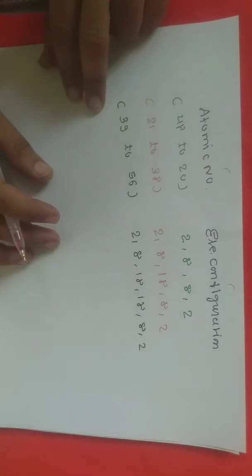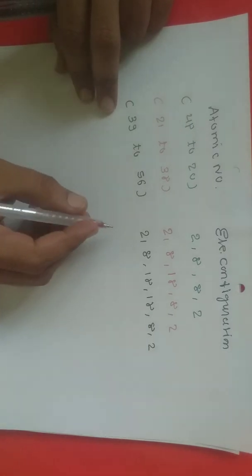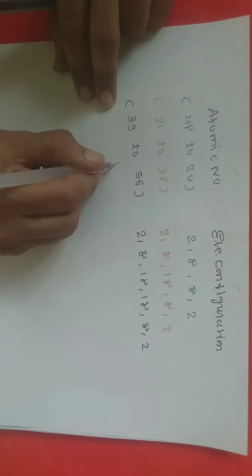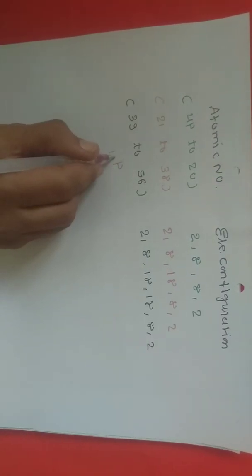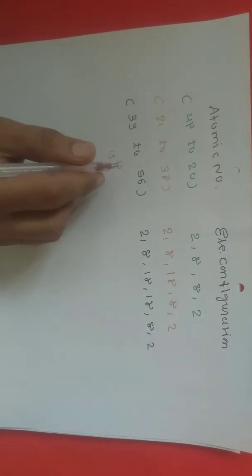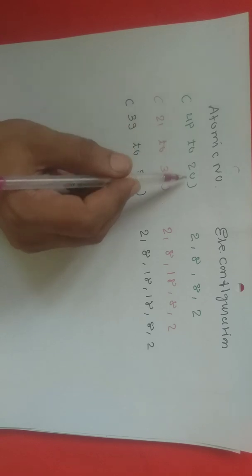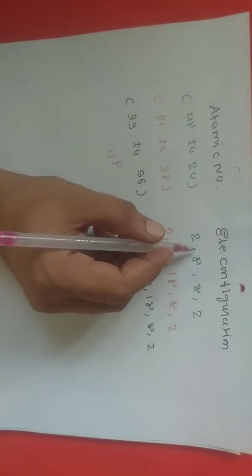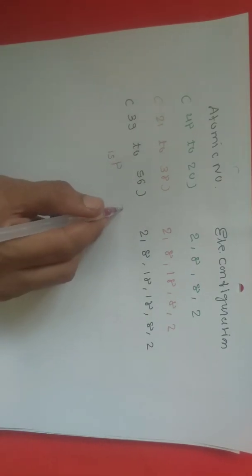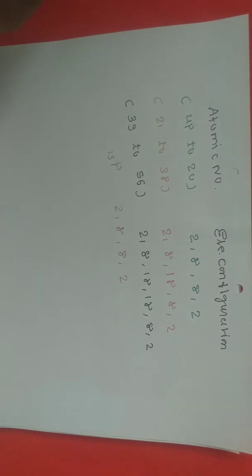Suppose we are having phosphorus. In phosphorus, the atomic number is 15. Phosphorus having atomic number 15 means it will fall in this first row. 15 is lying between 0 to 20, so we will follow this electronic configuration, that is 2, 8, 8, 2.